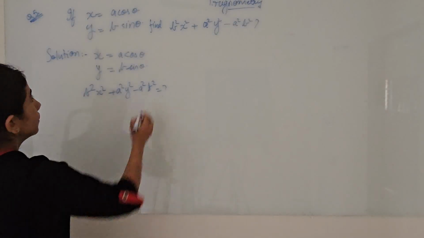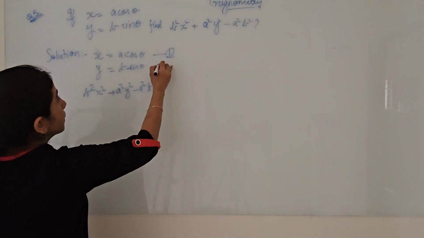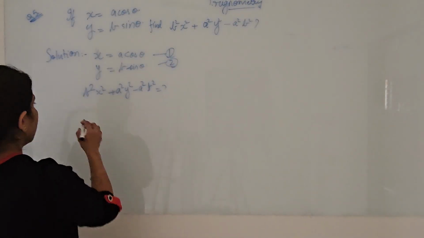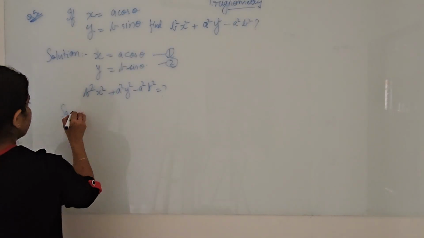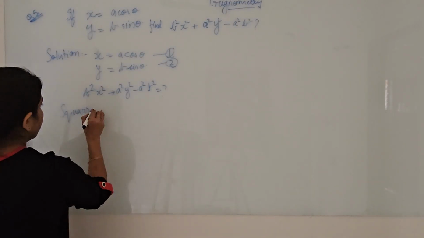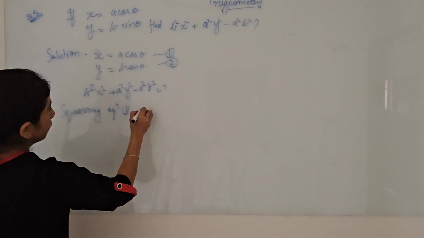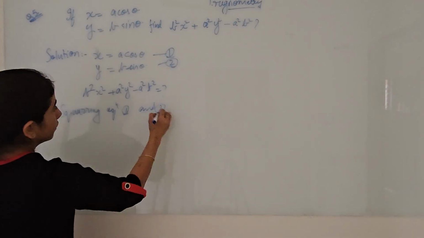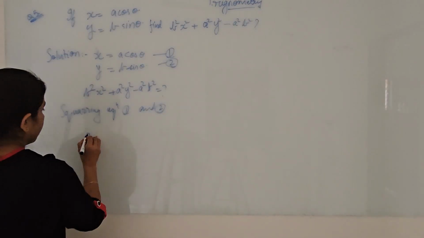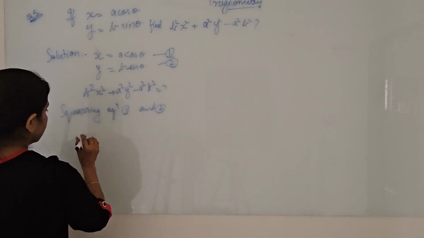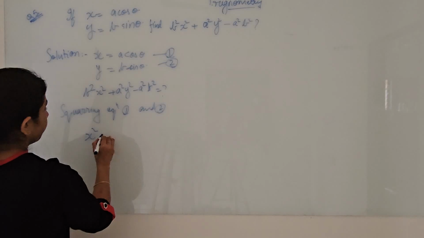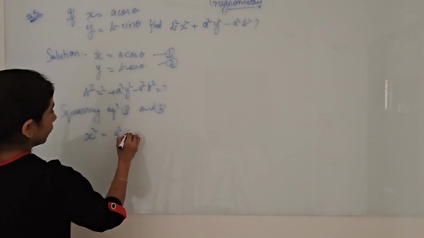Okay, now making these equations 1 and 2, my first step will be squaring equations 1 and 2. What I'll be getting is x square is equal to a square cos square theta.